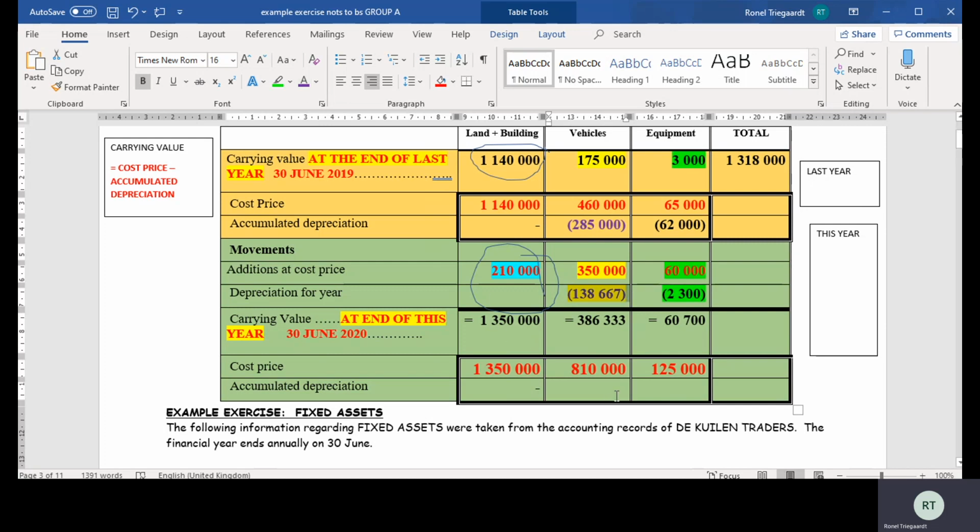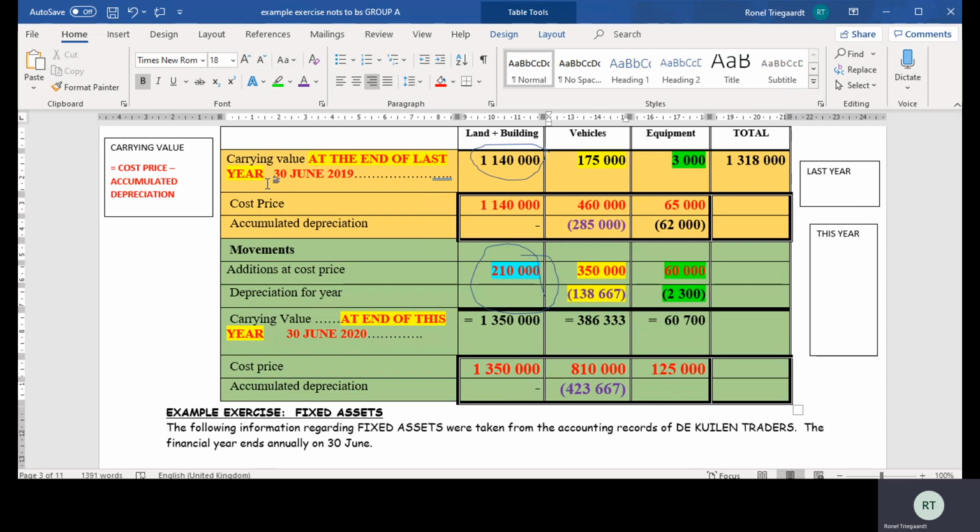So what will the total depreciation be? What do you think? Add the two. The 285,000 plus the 138,667 gives me, in brackets, 423,667. Are you fine with that?